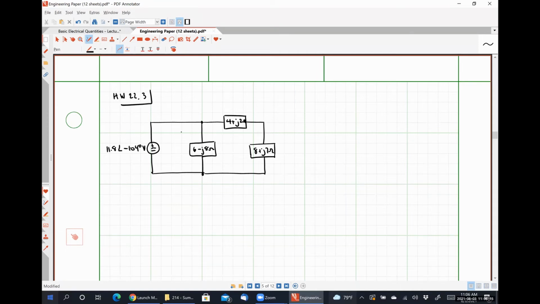So I'm going to call this voltage VA, this phasor current IA. I'm going to call this VB, phasor current IB, and this guy VC, with a phasor current IC.